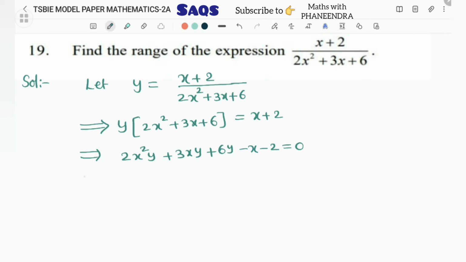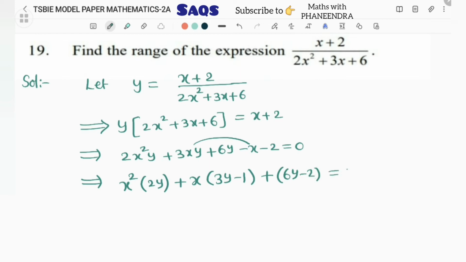So first quadratic term, so x square into 2y. Next from these two x take common, 3y minus 1, plus the rest of the term 6y minus 2 equal to 0. Keep that as equation number 1. This equation is a quadratic equation in x.